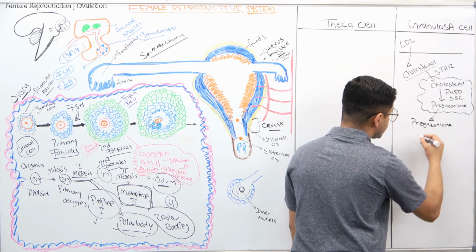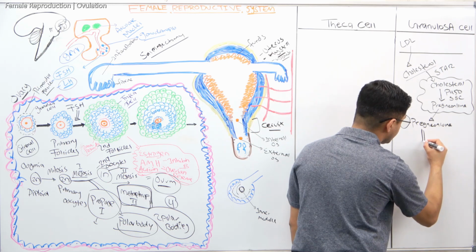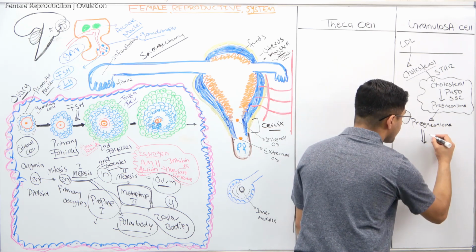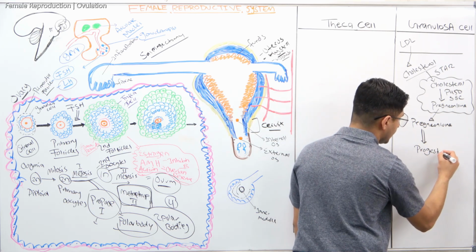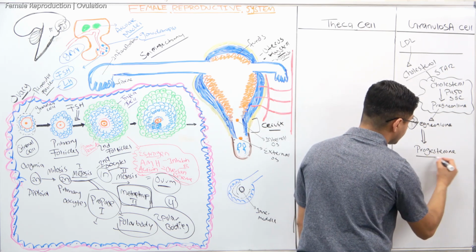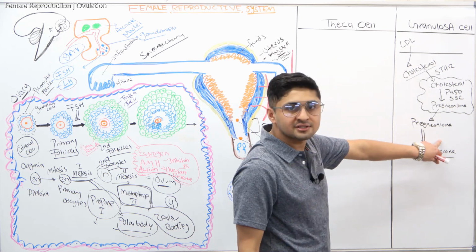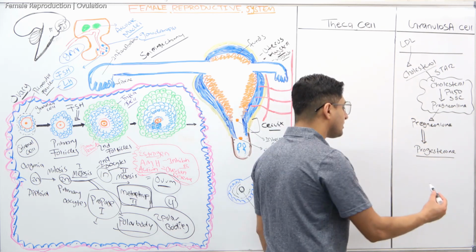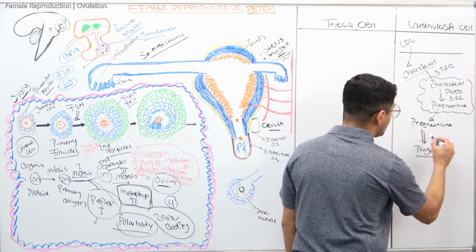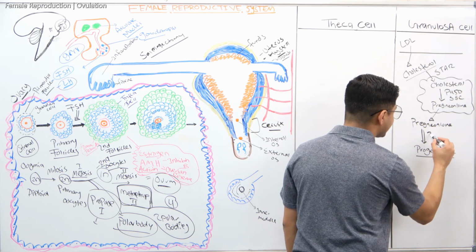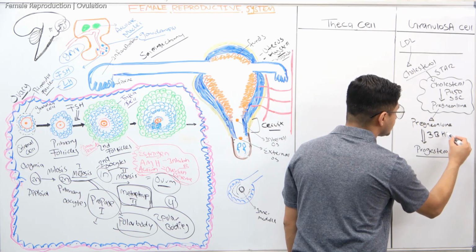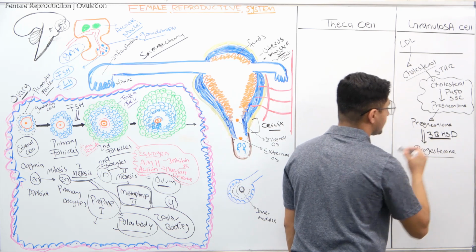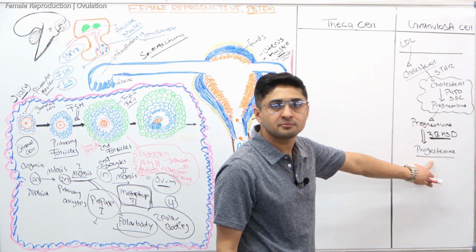And what is going to happen to this pregnenolone? It will get converted into progesterone, right? And how does it get converted to progesterone? Because there's an enzyme present at the 3 beta position, called 3-beta hydroxysteroid dehydrogenase enzyme, and that is going to make the compound progesterone.